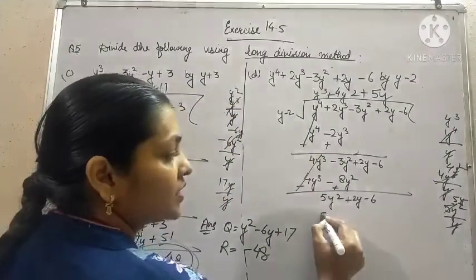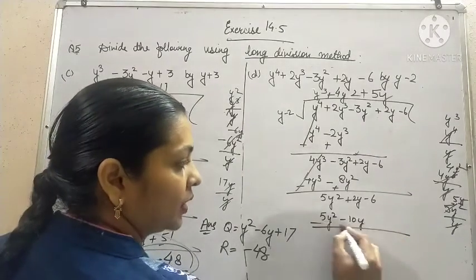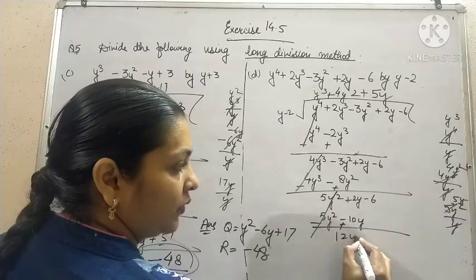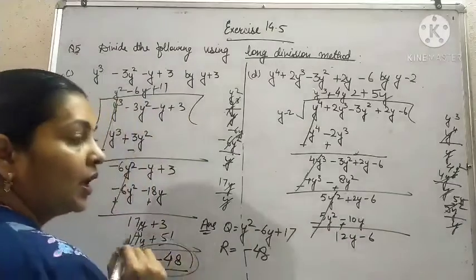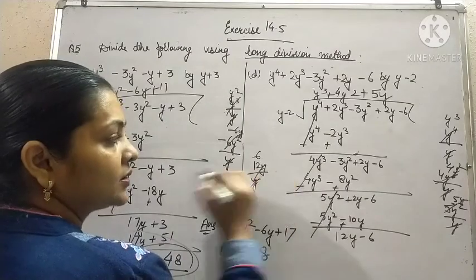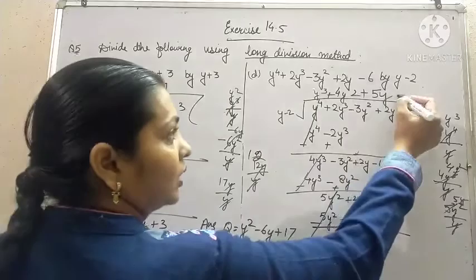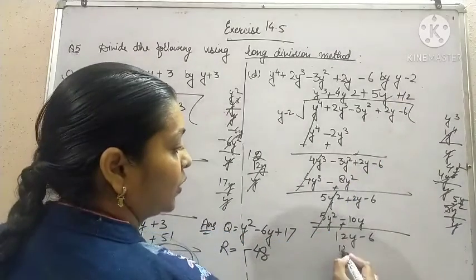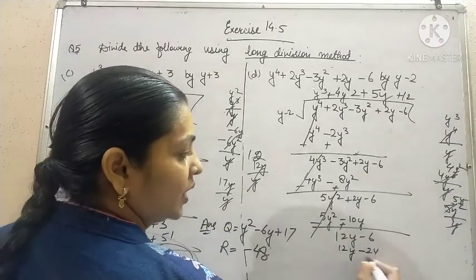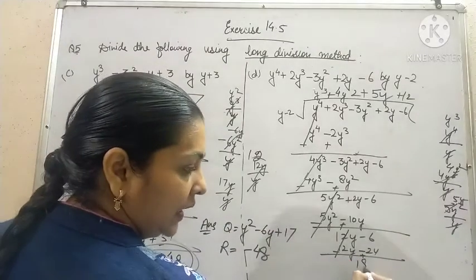Do the multiplication: 5y square minus 10y. It will be 12y minus 6. Now when you divide 12y by y, you will get 12. So 12y minus 24. Change the sign. You will get 18.